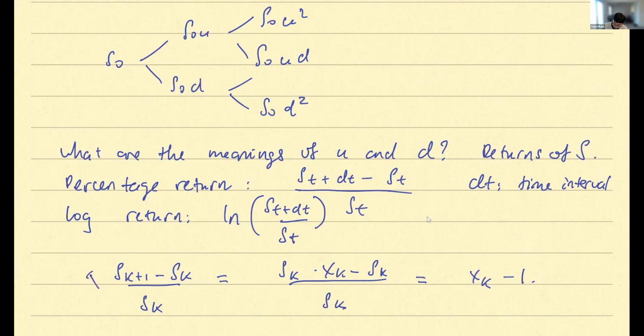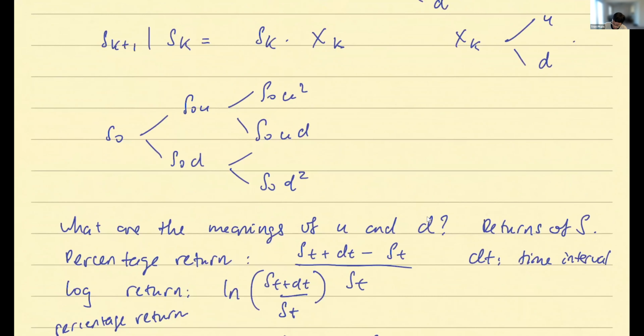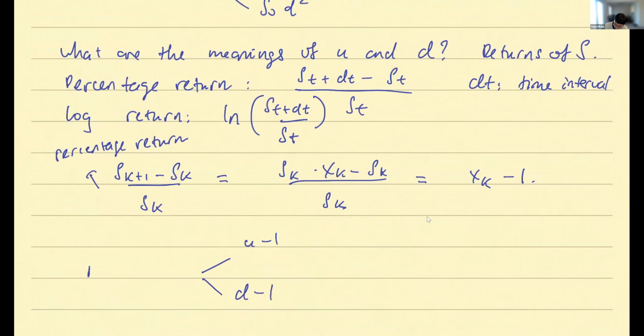Now, what is this? This is your percentage return. X_k clearly is the U and D. So U minus 1 and D minus 1 are your percentage returns: this is your percentage return when the stock goes up, and this is your percentage return when your stock goes down.